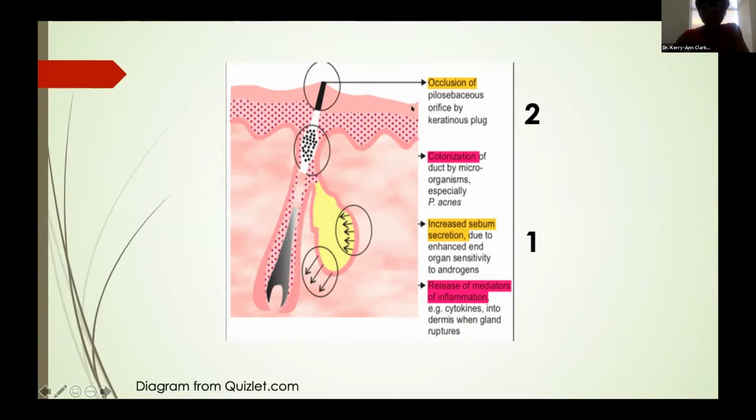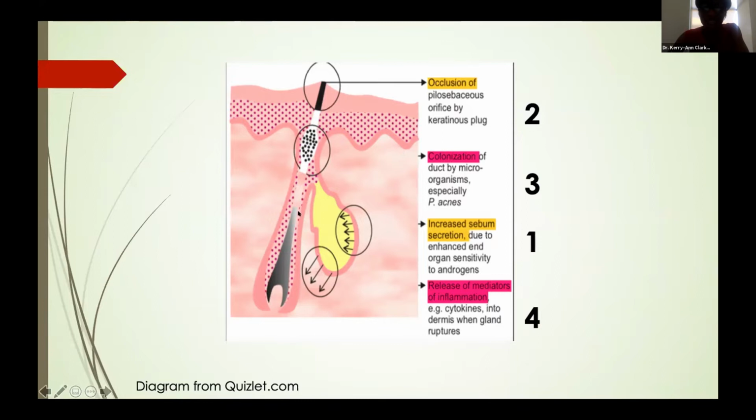We're going to have occlusion of the pilosebaceous orifice by a keratinous plug. We're also going to have colonization of the pilosebaceous unit by microorganisms, notably Cutibacterium acnes.